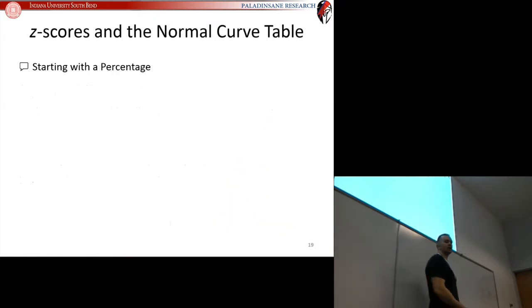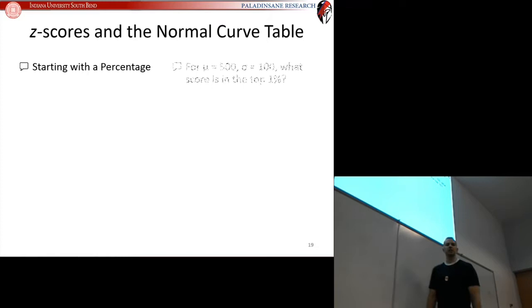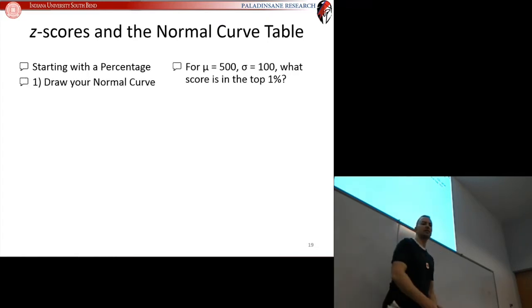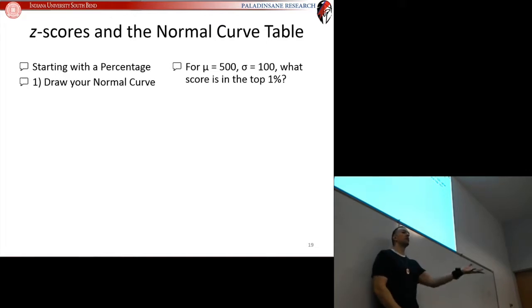The other thing that we looked at was when you're starting with a percentage. So if you want to know what score do you need to achieve to be in the top 1%, in that case, you're being given that 1%, and you're asked for what score is associated with that 1% in the top of the distribution.